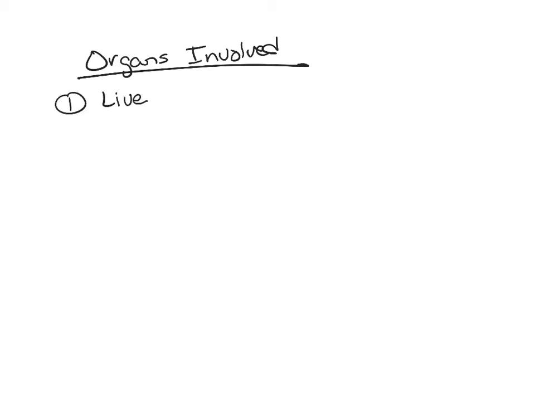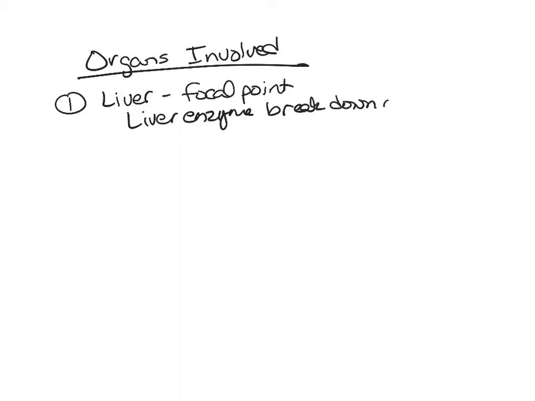There are several organs that are involved in trying to figure out whether you should be storing your nutrients or whether you should be releasing energy. So the first one is the liver, and the liver is really the focal point. The liver enzymes will break down or make carbohydrates, lipids, and amino acids.